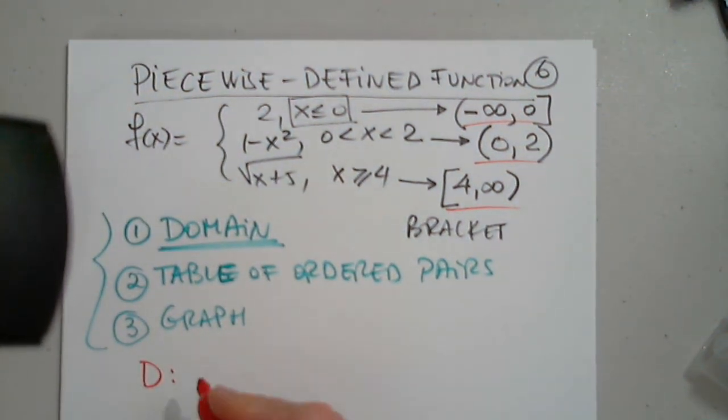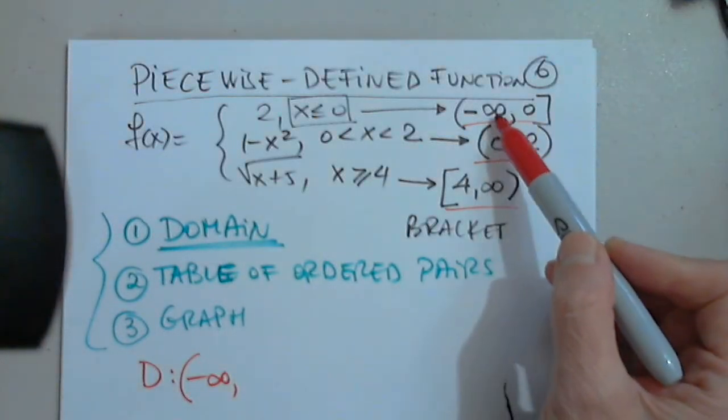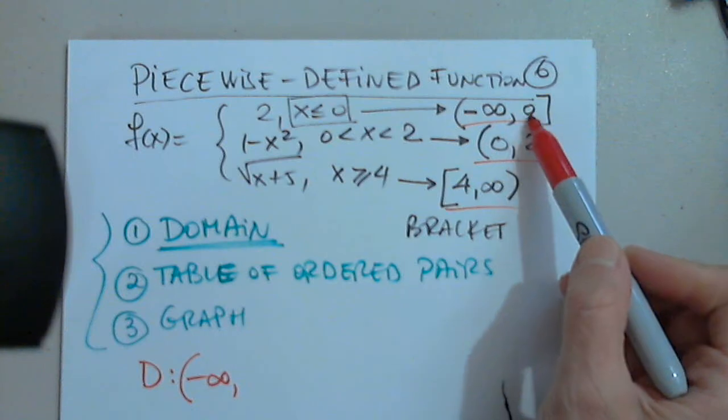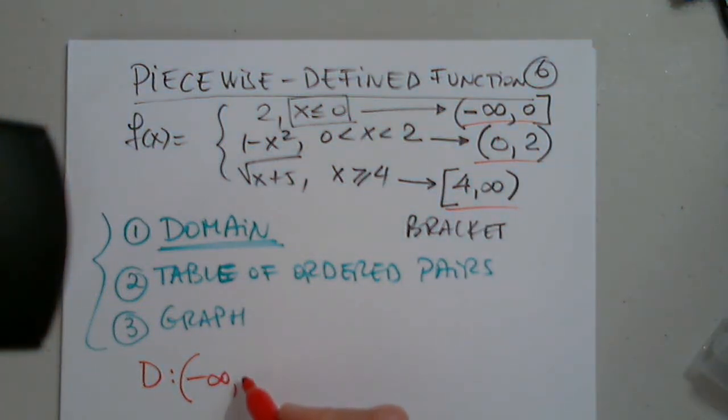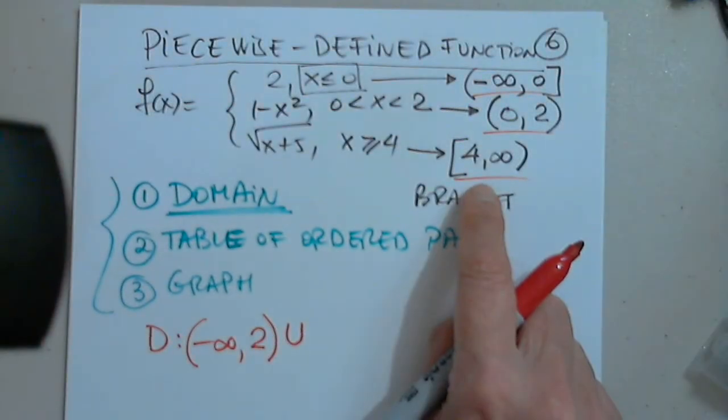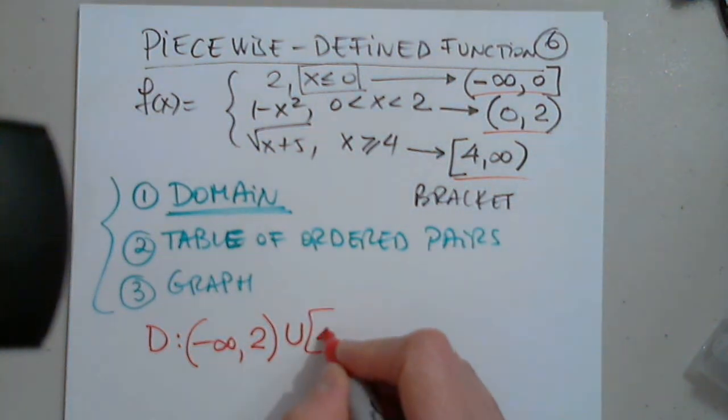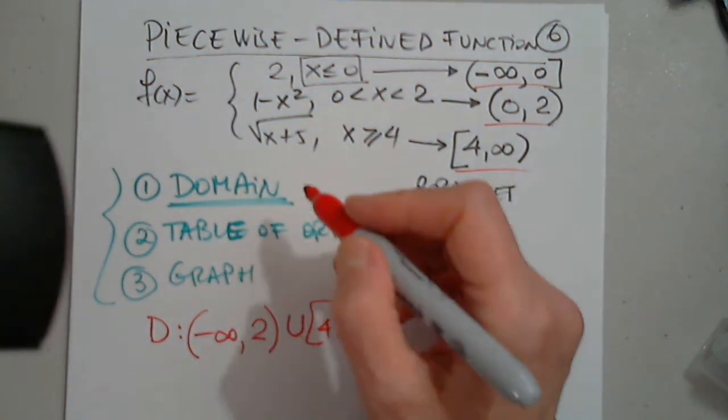Negative infinity to 0. Careful. There is no gap here. Negative infinity to 2. Union. Then 4. Very good. Bracket 4 to infinity. Good. So we are done with this.